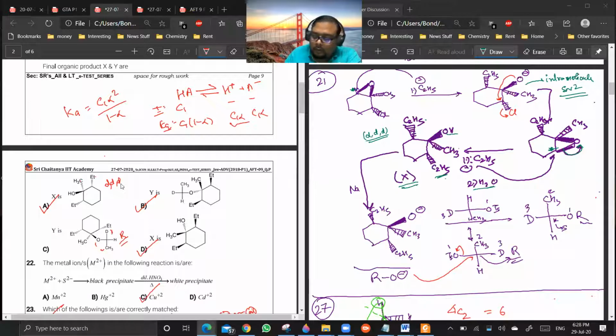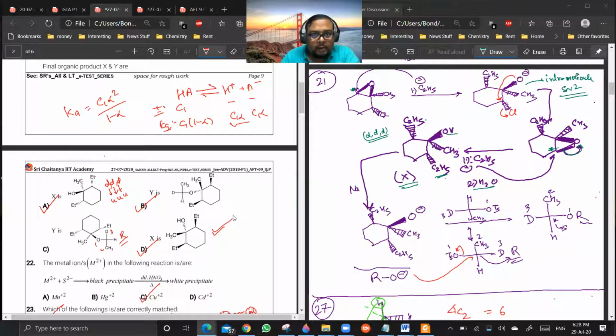Yes, sir. Okay. Now you see, this is X. Down, down, down and up, up, up will be the same, so this is also correct. If you just flip the molecule from like this to this, then the up groups will become down and the down groups will become up.